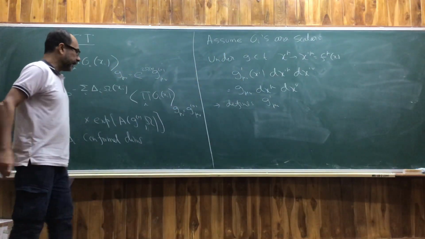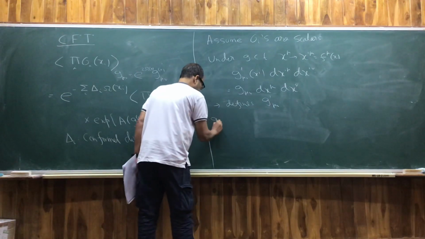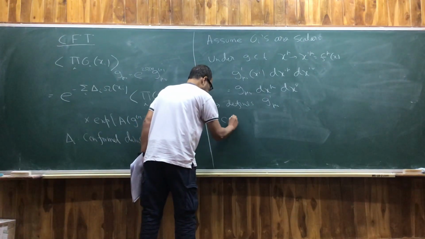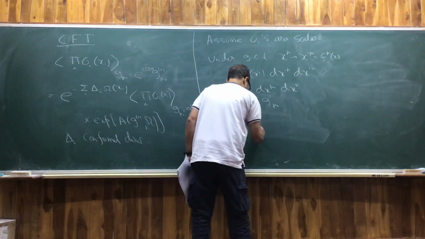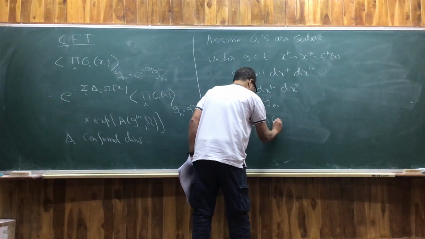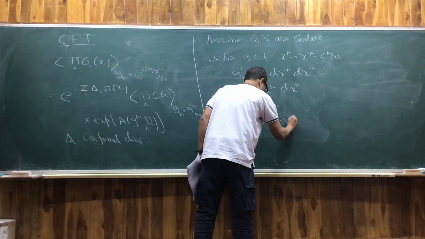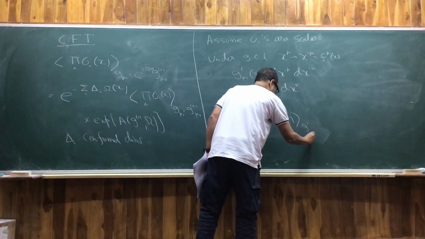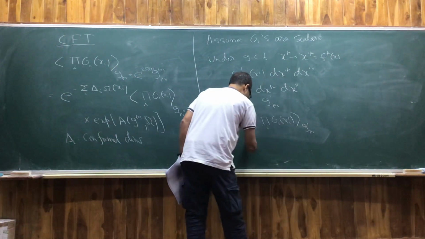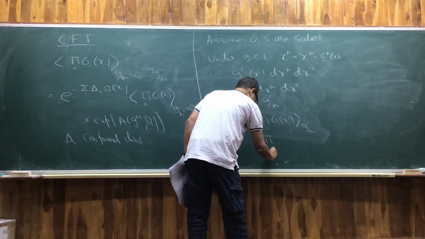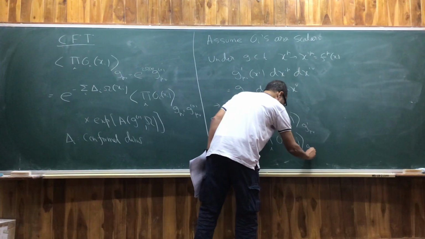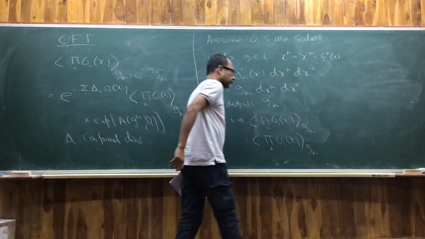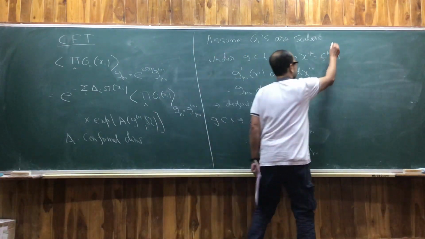And the statement of general coordinate invariance implies that if we calculate the correlation function of O(ξ') at g'_{μν}, that is the same as the product over i of O(ξ_i) at g_{μν}.